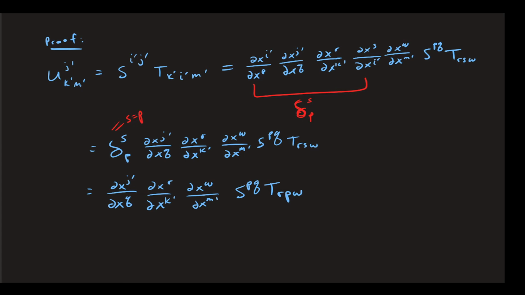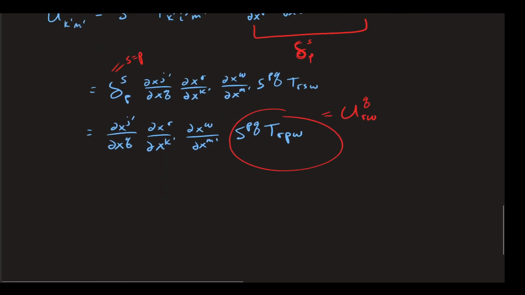And now that is equal to U, PQ, oh, P is dummy, so it's UQRW, which is how a 1-2 tensor should transform.